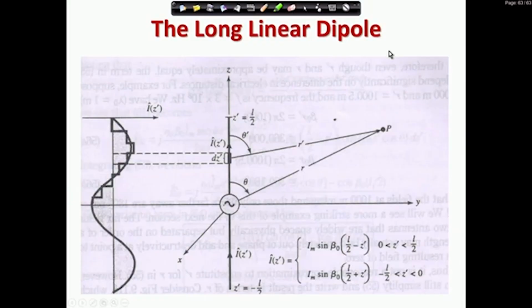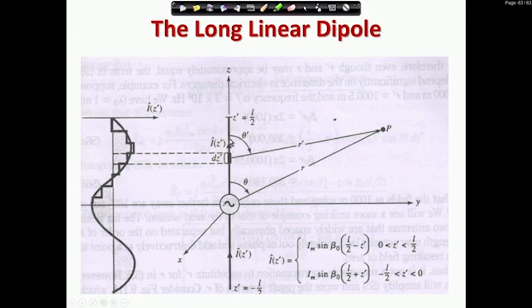We have already said that we are mainly interested in the far field of the antenna. So, for the far field, what we will do is break this whole dipole, with this current distribution, into small infinitesimal current elements of length dz dash.